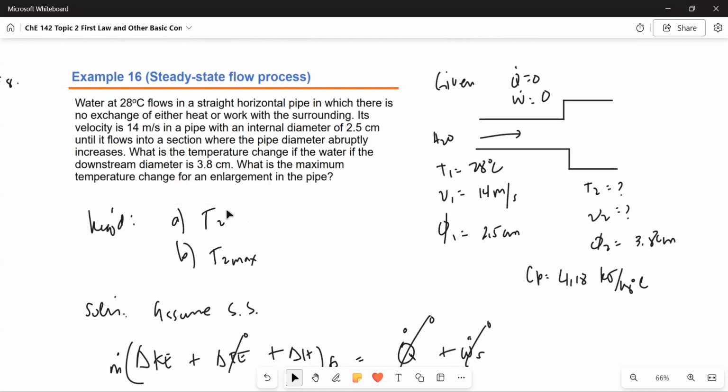We're being asked for temperature change, so it's not T2, but rather delta T, and this one is delta T max.